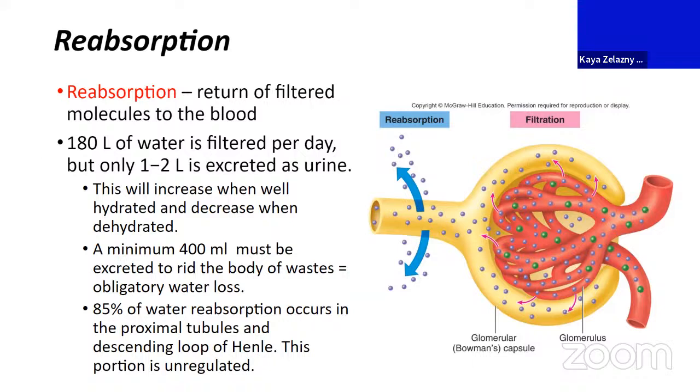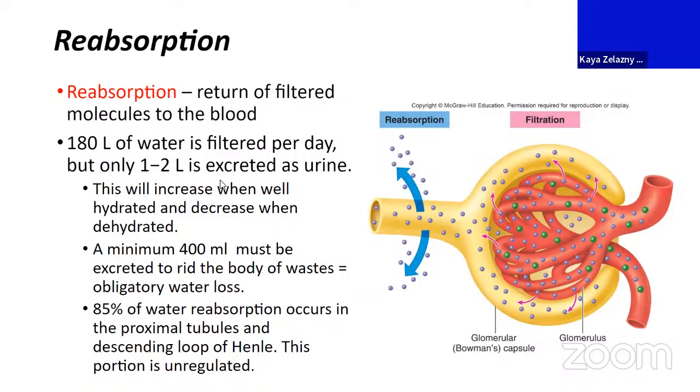We have 180 liters of water going through your kidney per day. Only 1 to 2 are actually going to your bladder and getting excreted as urine. If you drink a lot of extra water and you're really well hydrated, then you're going to increase the amount excreted as urine. If you're dehydrated, you're going to keep that fluid in a little bit.